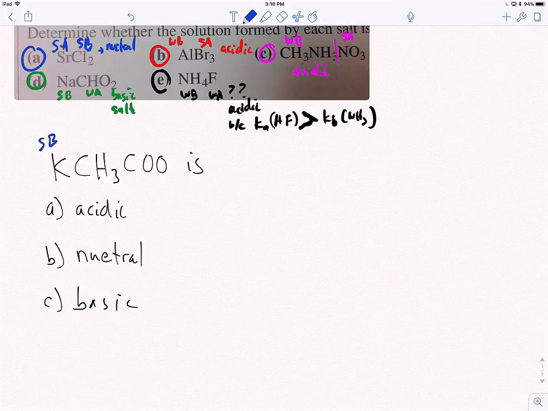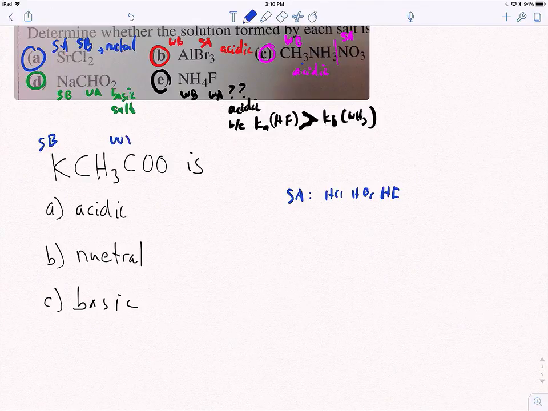What about acetate? Is that from a strong acid or a weak acid? Do you remember what the strong acids are? Strong acids, HCl, HBr, HI. What's that? It's a weak acid, yeah.